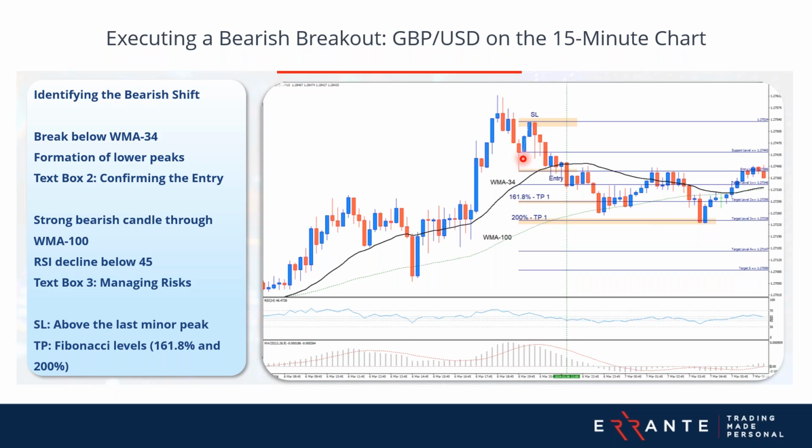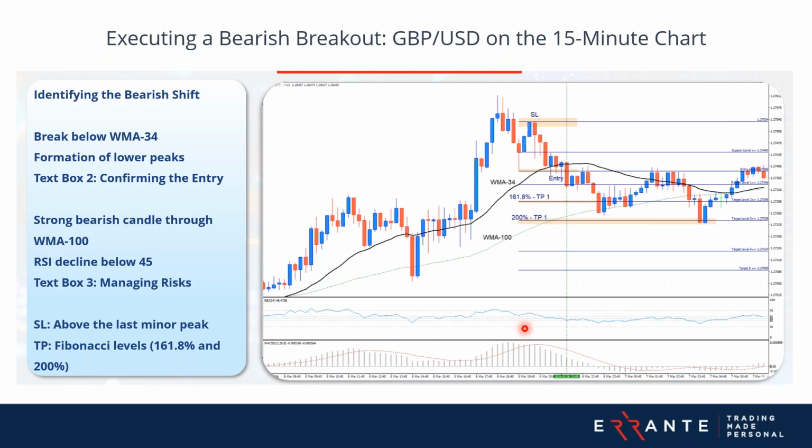Our entry is confirmed by a significant bearish candle, as you see here. The significant bearish candle here not only breaks below the WMA 34, but also closes beneath it, solidifying the likelihood of a continued downward trend.